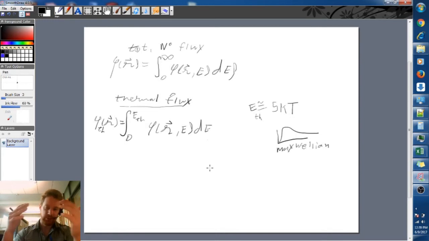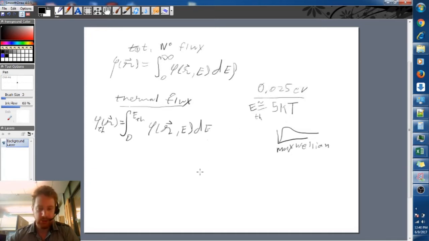What can happen is upscattering, wherein the neutrons get hit by a vibrating molecule and energy gets imparted up to them rather than just being scattered down. But we'll get into that later. Just know that the thermal neutron flux is the integral of the energy-dependent flux between 0 and the thermal energy, 5 kT. I've also heard 0.025 eV, if I recall correctly, and I could be wrong, so stick with this, or better yet, just look it up.